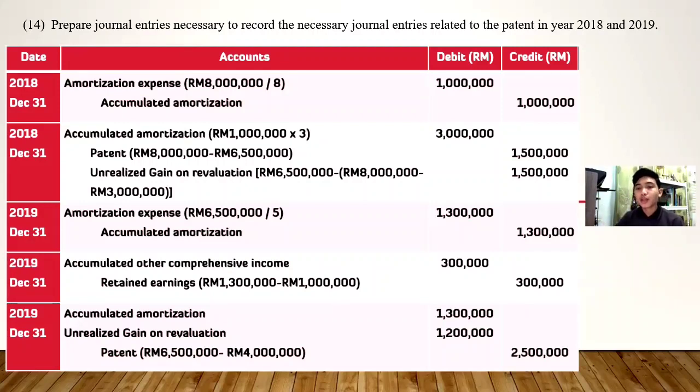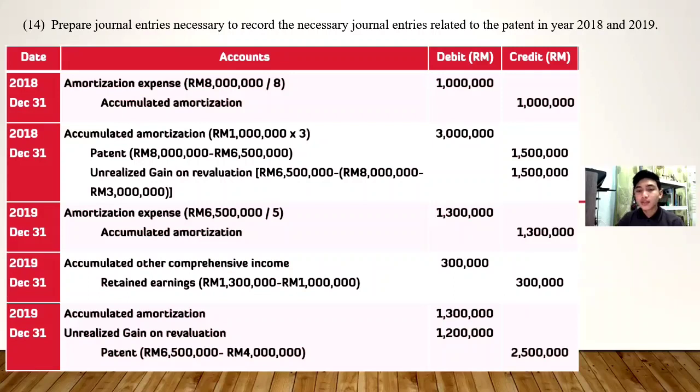Then we credit the patent, where we take the cost 8 million minus the revalued amount 6,500,000, and we get the credit of 1,500,000. We also credit the unrealized gain on revaluation, which is 6,500,000 minus (8 million minus 3 million), and we credit 1,500,000.